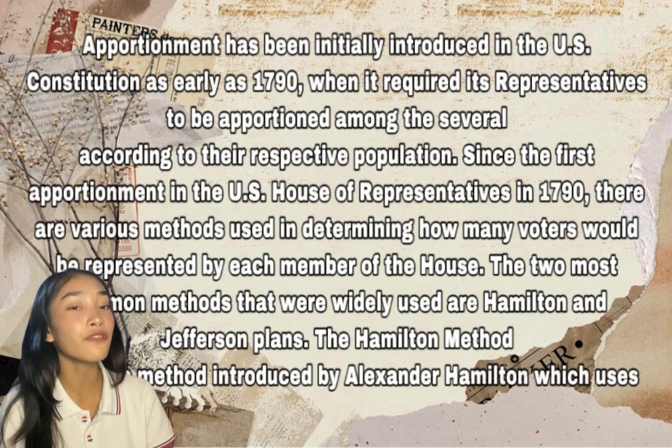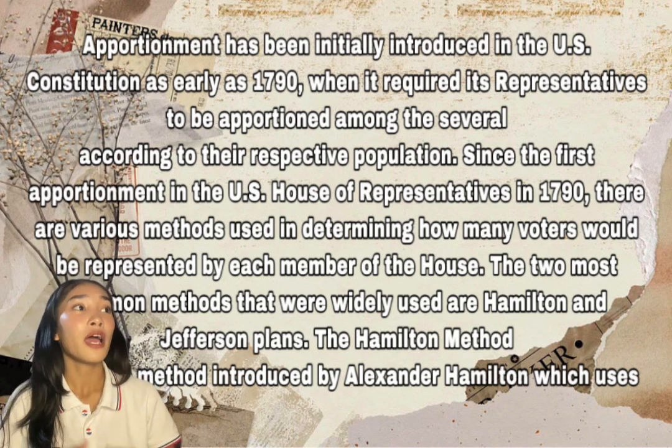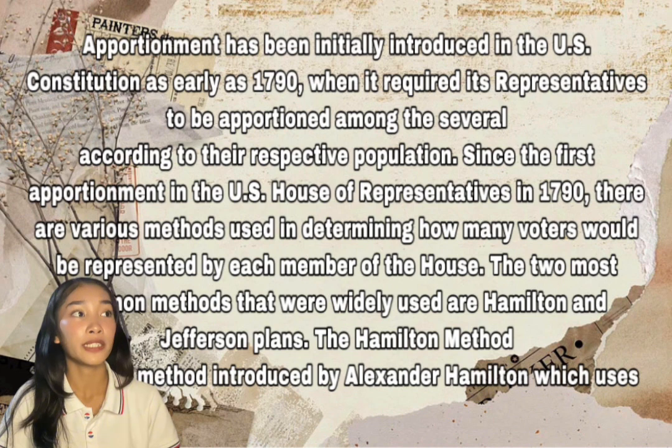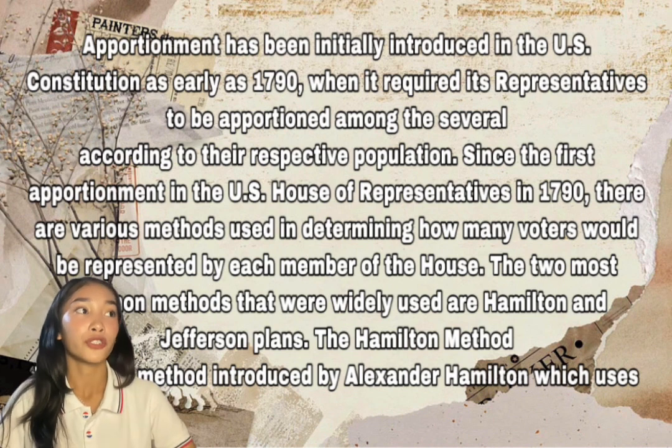The standard divisor is determined by dividing the total population by the number of representatives to be apportioned.